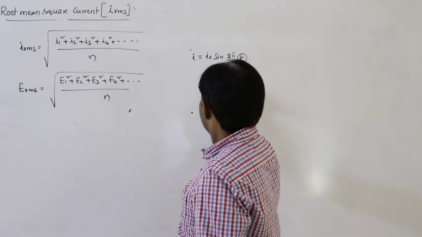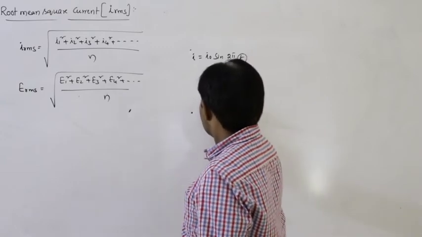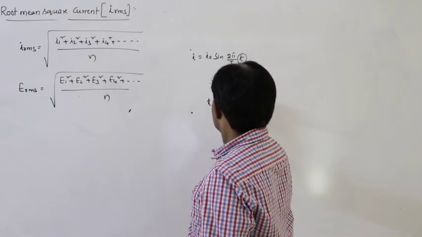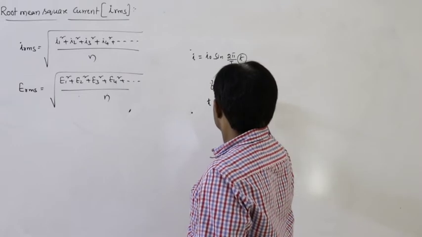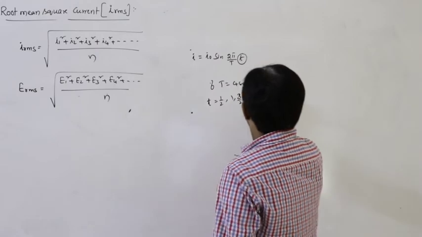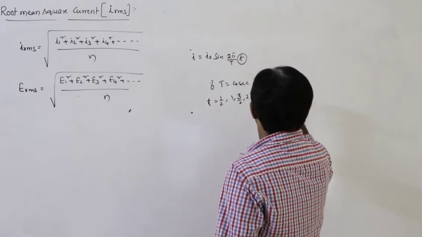Let us say if time period is equals to 4 seconds, for example, the time can be written as half, 1, 3 by 2, 2, next 5 by 2, next 3, 7 by 2, next 4.